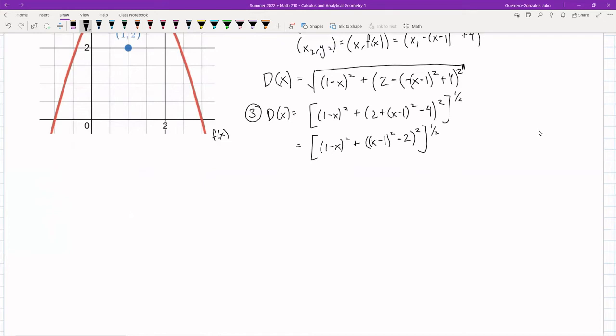Now I'm going to go ahead and take the derivative. So d prime of x is going to be equal to, this is going to require a chain rule. So it's going to be 1/2 times the stuff in here, 1 minus x squared plus x minus 1 squared minus 2, to the minus 1/2, times 2 times 1 minus x times negative 1.